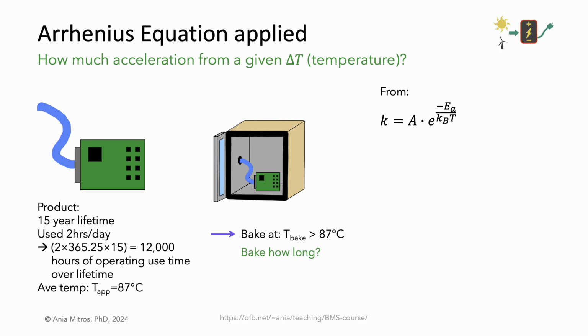From the Arrhenius equation, we'll calculate an acceleration factor. During baking, the rate constant K is higher than during regular operation. And time is the inverse of rate, since a fast process takes less time. The acceleration factor tells us how much faster we expect the product to age during baking than during normal operation.